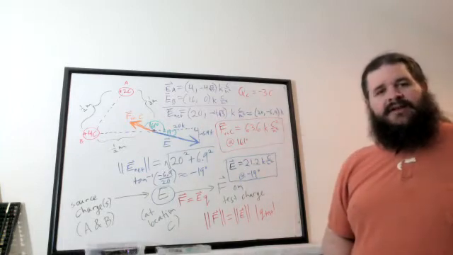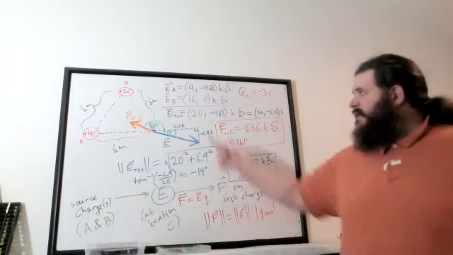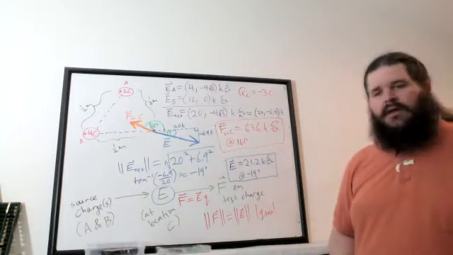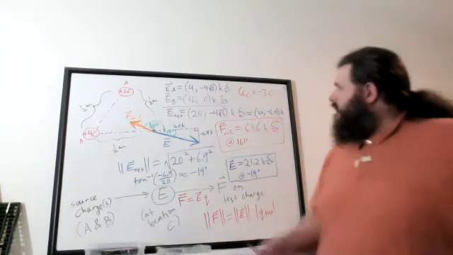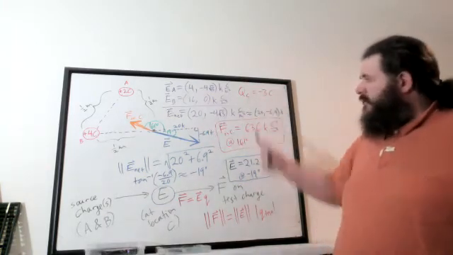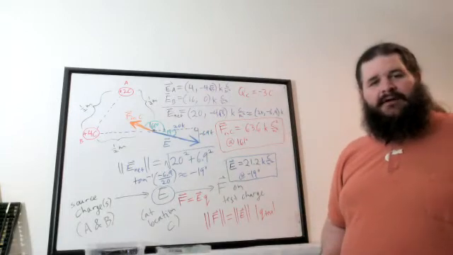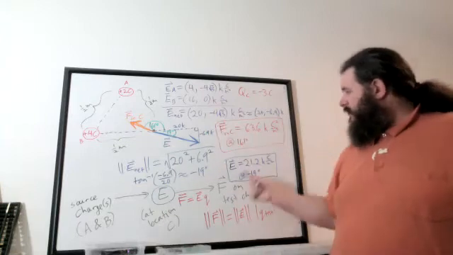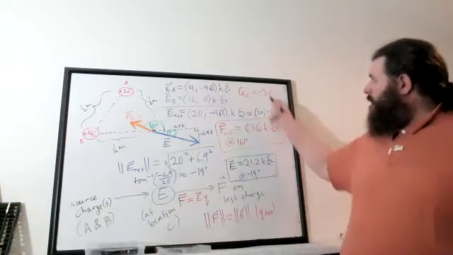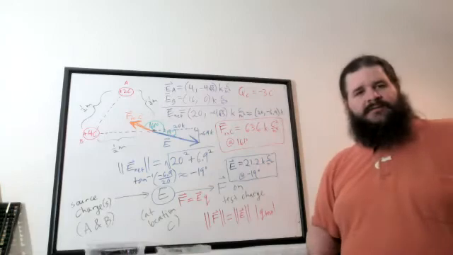Because if you're multiplying a vector by a scalar, you're multiplying each component by the scalar, but you're also multiplying the magnitude by the scalar. So you could say each of these get multiplied by -3, and then apply the Pythagorean theorem to find the magnitude of the force. Or you could find the magnitude of the electric field and then just multiply that by 3 to find the magnitude of the force.